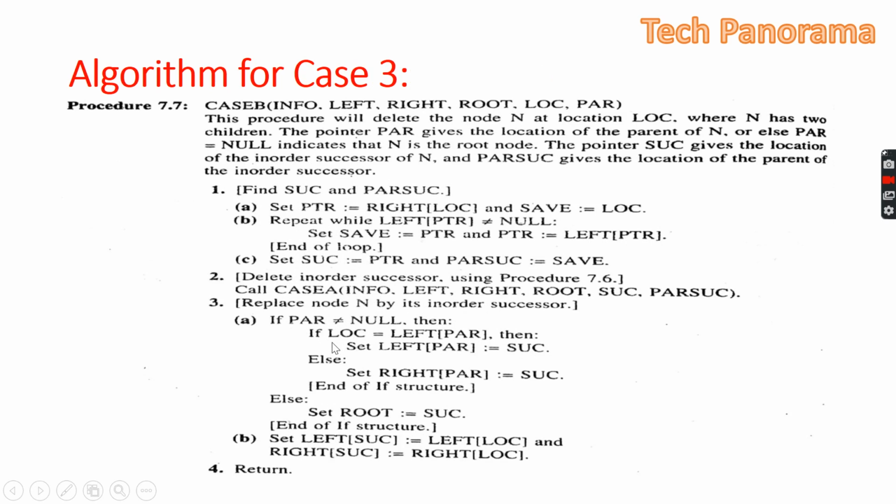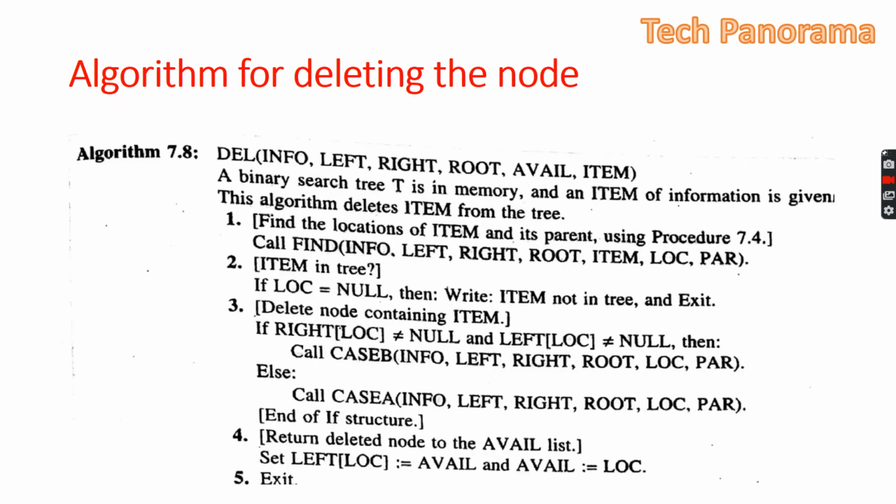If it is not null, then we check the location. If the location is equal to the left of parent, then we will write the left of parent is equal to successor. But here in our previous example, the location is the right of parent, so the right of parent will be your successor. Otherwise the root is equal to successor, that is the node which we are going to delete. And next we set the left of successor as the left of location and the right of successor as the right of location. Now finally we return from this algorithm.